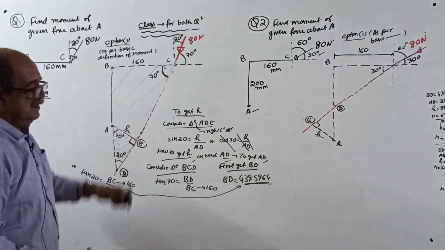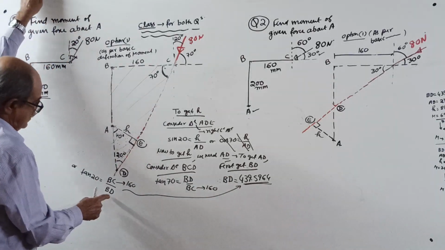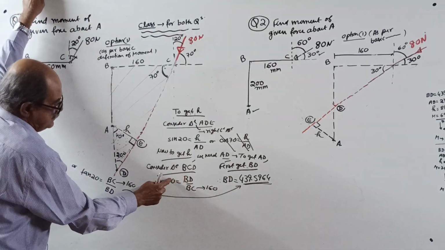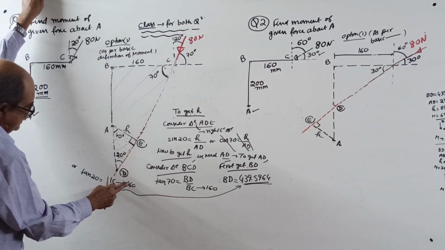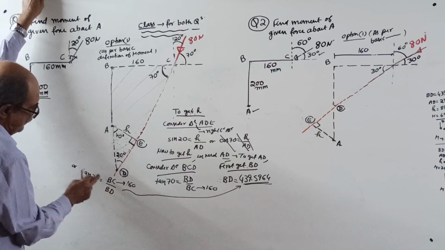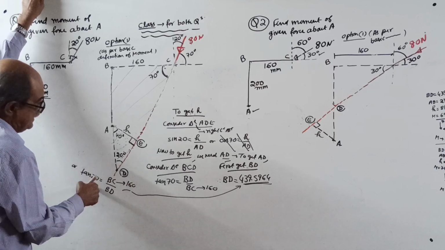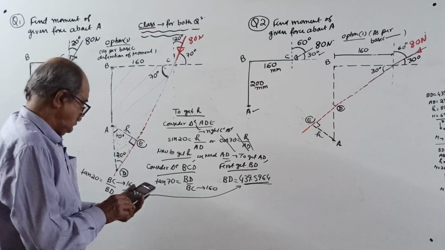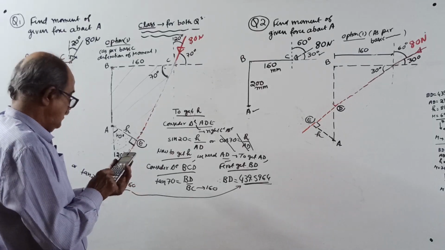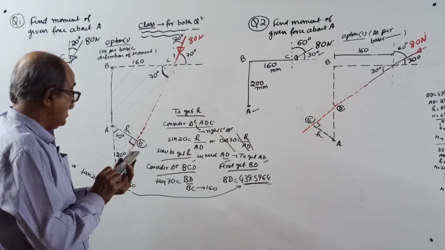My guarantee. Substitute, your BD will come. Here it is 160 into tan 70. Here if you write 160, BD becomes 160 divided by tan 20. Okay, check the answer. 160 divided by tan 20. Actually I am wasting time.